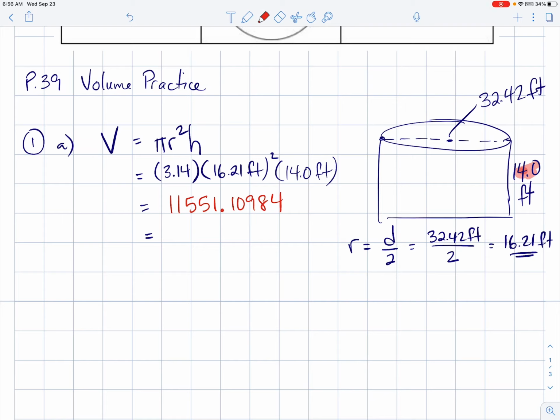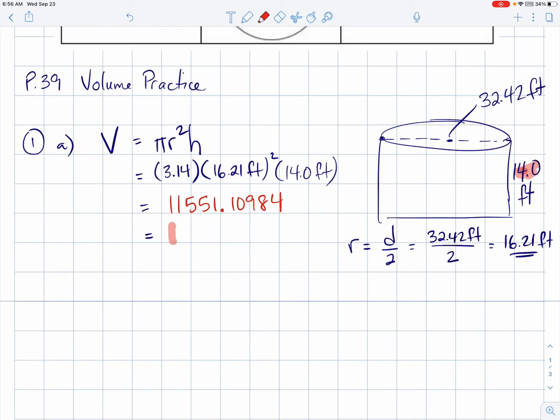So when I have 3 digits and 4 digits, and I'm multiplying or dividing, we're multiplying, you have to round off your answer to the lowest number of significant digits. So we're going to keep 3 digits in the answer. So this answer, 11,551, has to be rounded off to 3 digits. So you can pause and write down what you think it'll be.